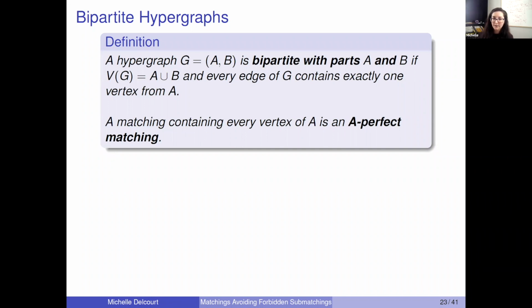And again, each of these edges contains exactly 1 vertex from A. So we have only cross edges between A and B, but with the property that each edge contains exactly 1 element from A. And it turns out that this very general setting, especially with some of the other applications we had in mind in list coloring and coloring in general, is really handy.